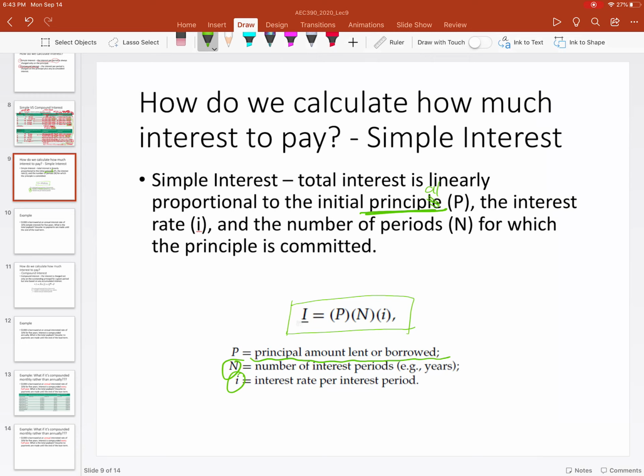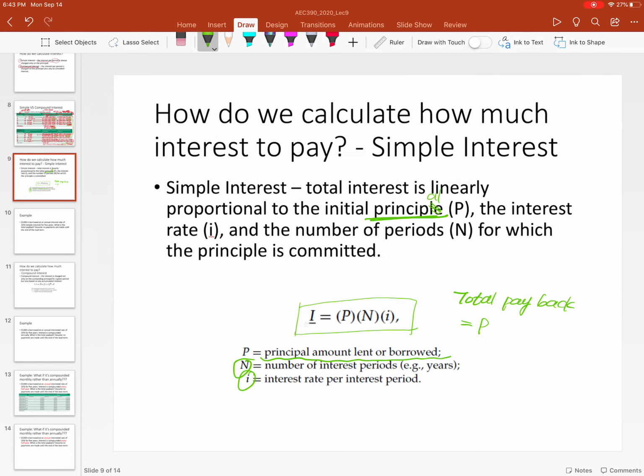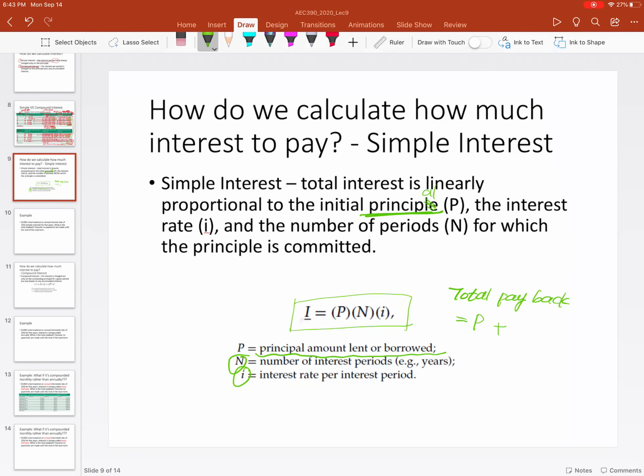That's your total interest. And if you want to know the total payback, it should be P, the initial amount you borrow, plus the total interest. So P plus I. That's your total payback. Okay?